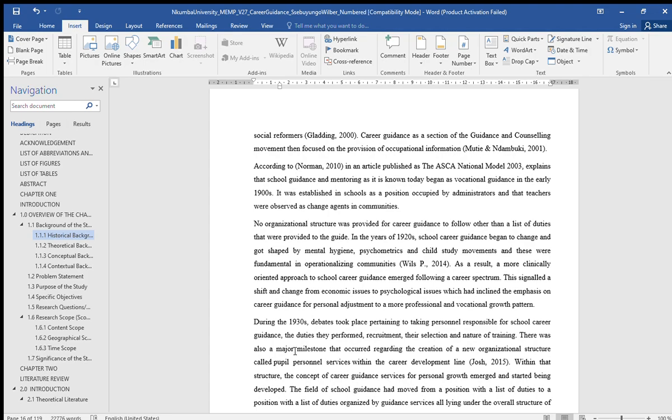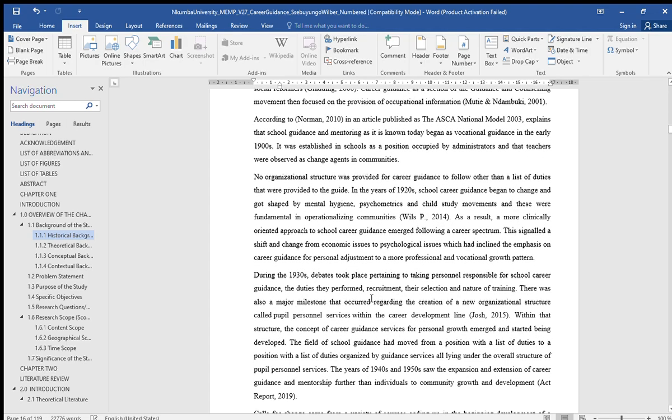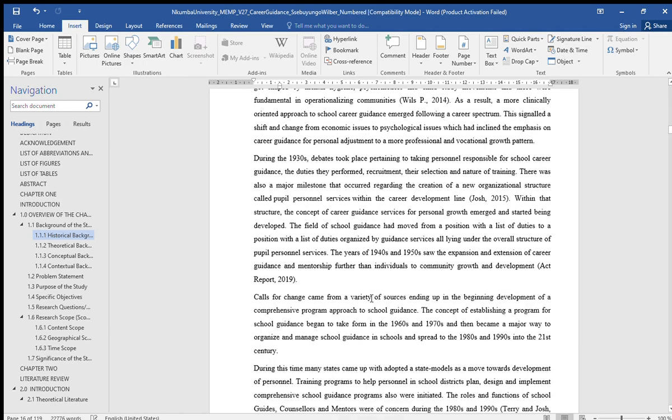So in history we look at how the independent variable, which is your core root cause of the problem, has moved up to the current. So in the historical background, we want to see the student displaying knowledge that the independent variable has not just started now, but something has happened in the past, and then up to the present.